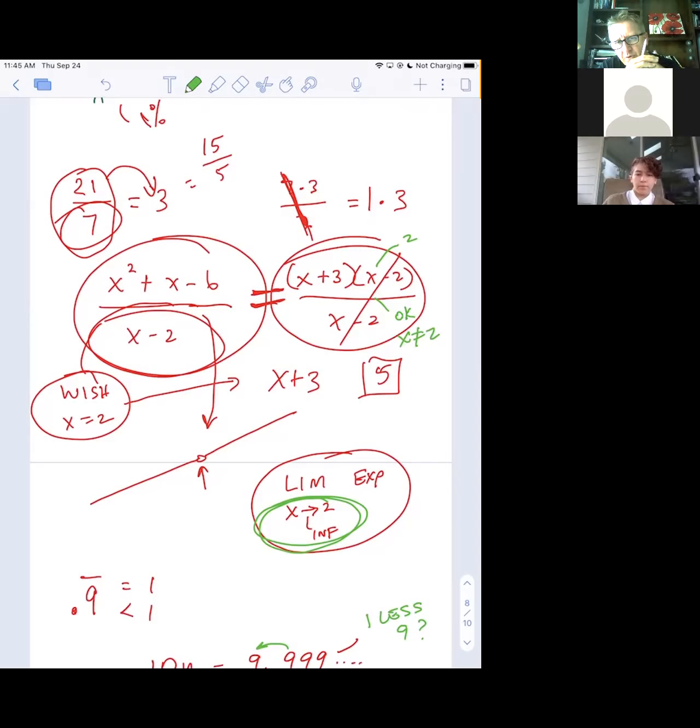And so although you can't put 2 in, when you get infinitely close it's 5, then it's 5. In a sense, you might say that's actually an assumption. If you say the sum of the angles in a triangle is 180, you don't notice it, but you just made an assumption that you're in a flat world. If you're on a curved world, that's not true anymore.